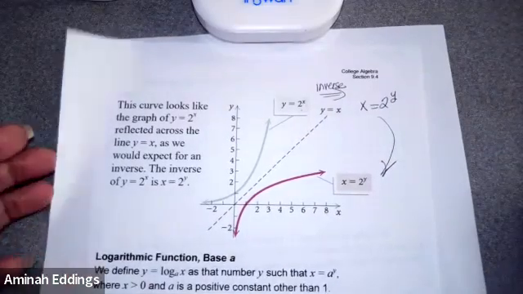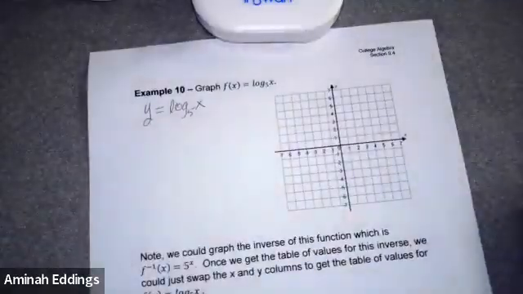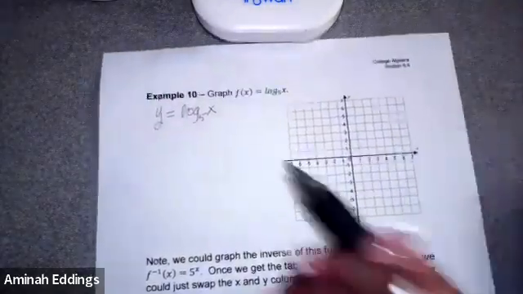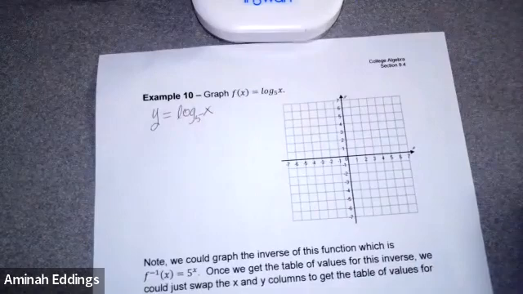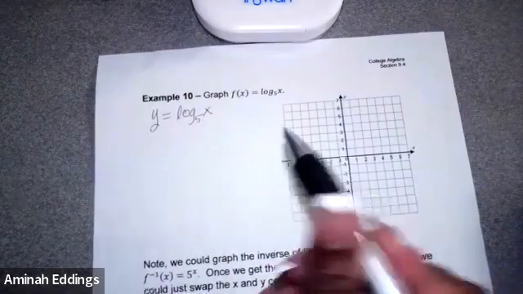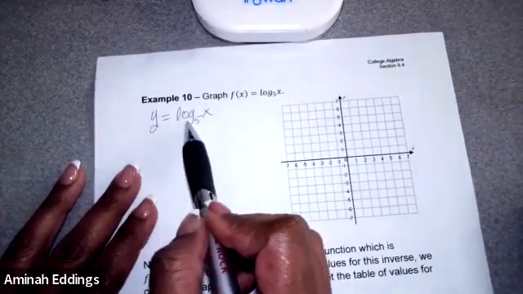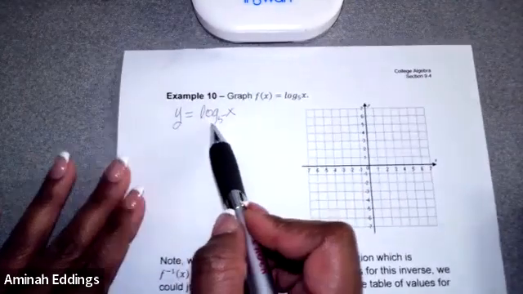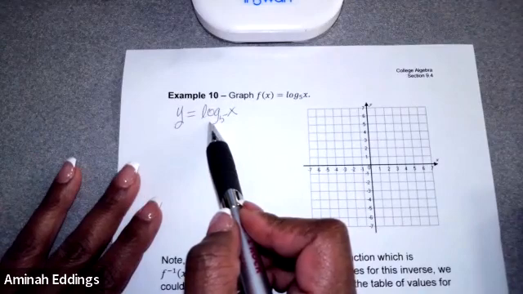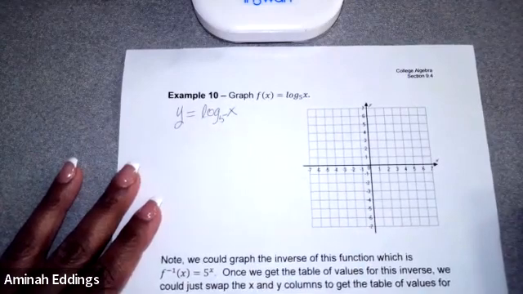So we can do the same thing looking at the graph. Let's graph this. We know that this can be turned into an exponential equation. What would it be?